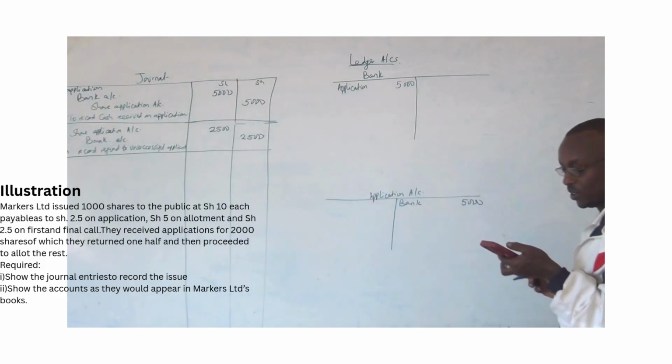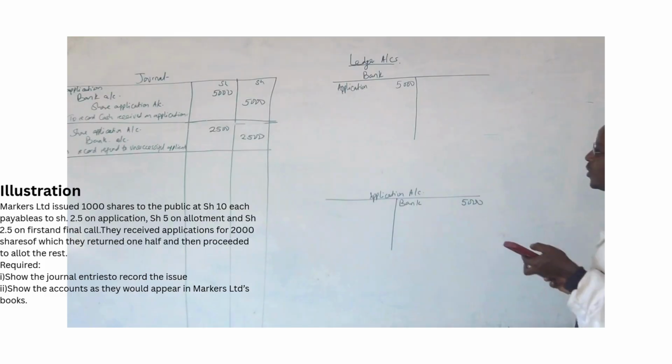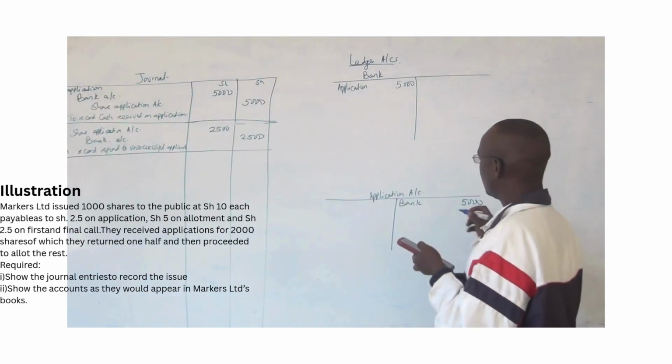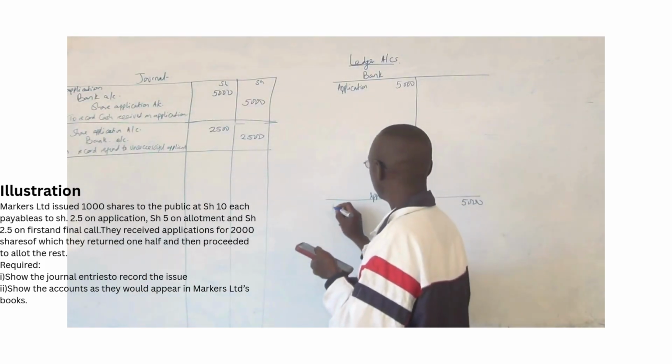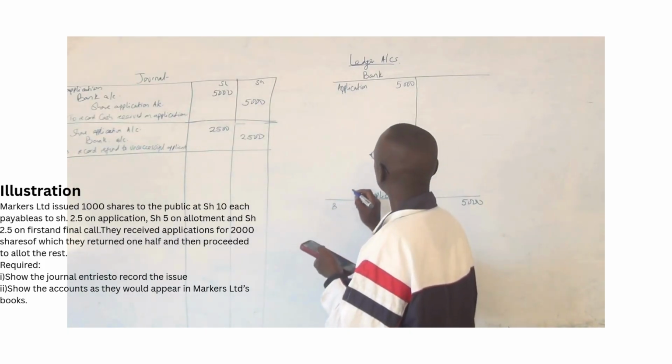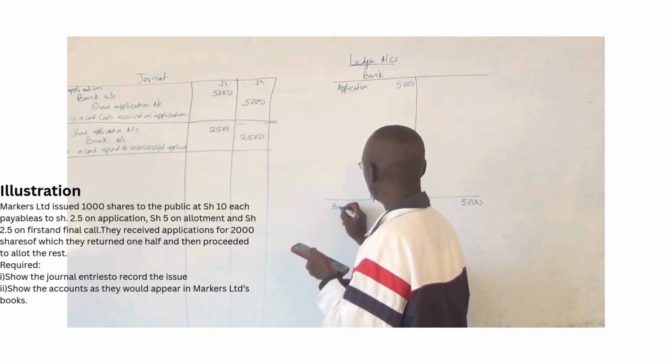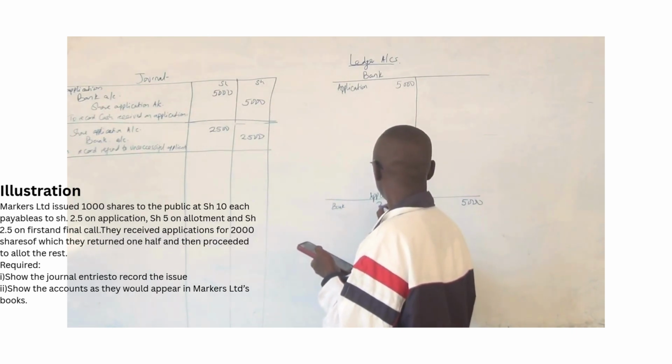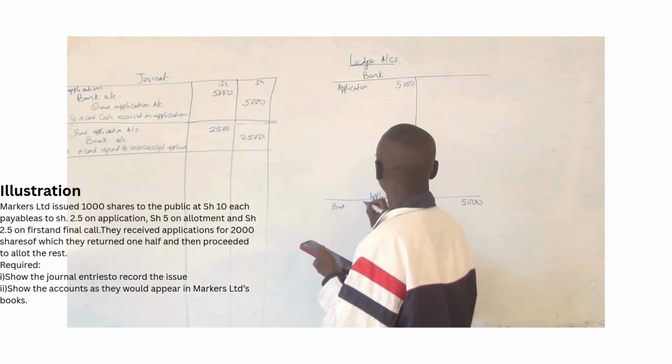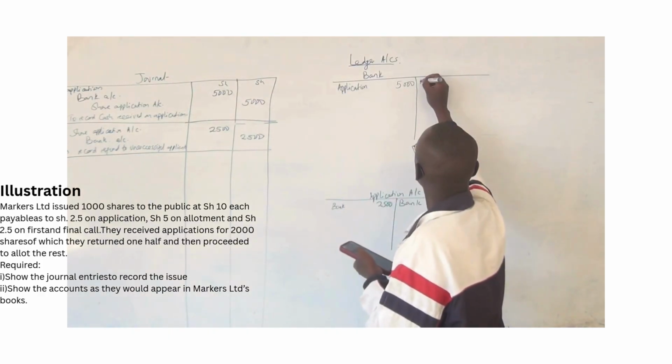In the ledger accounts, on the other hand, you will debit the share application 2,500, and credit bank.